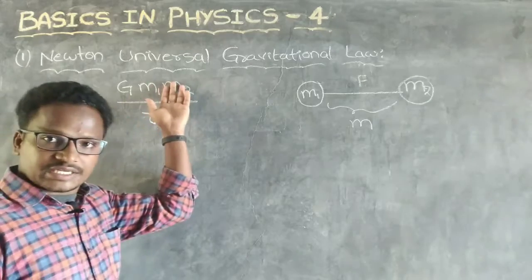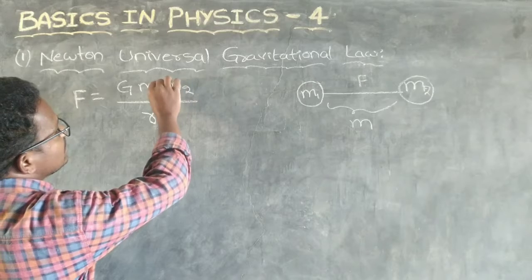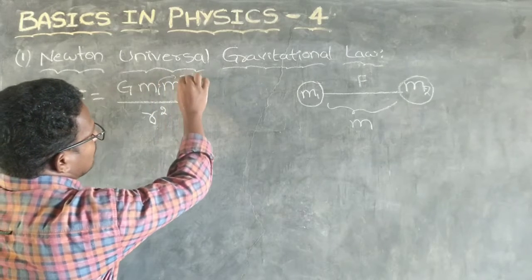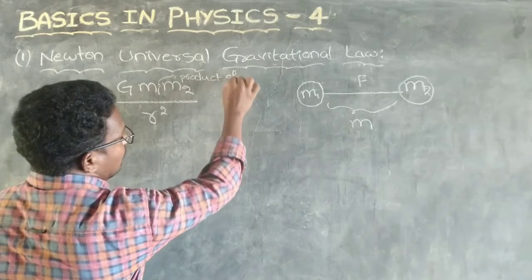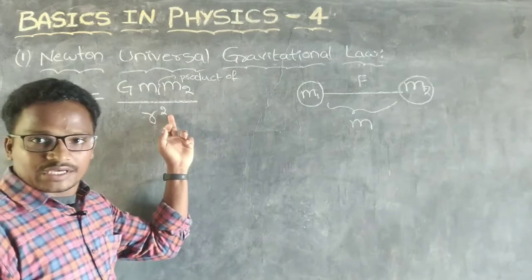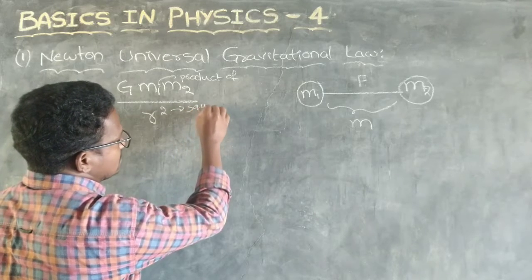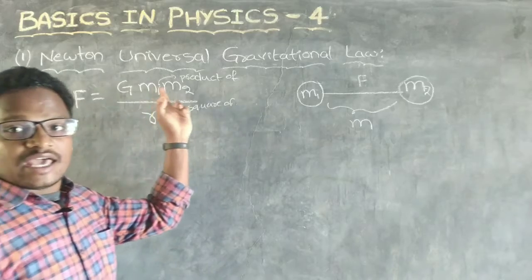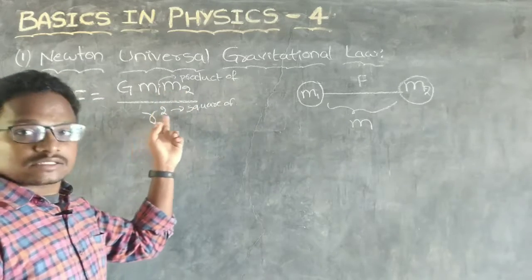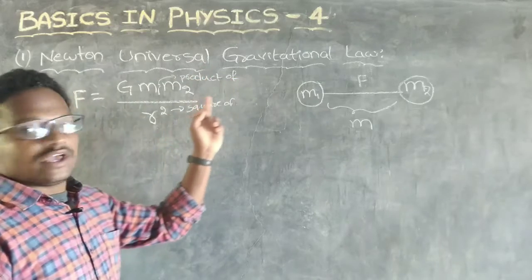Here what is m1 into m2? In numerator, into means product of. Here r square means square of. So in numerator m1 into m2, product of; here r square, square of.